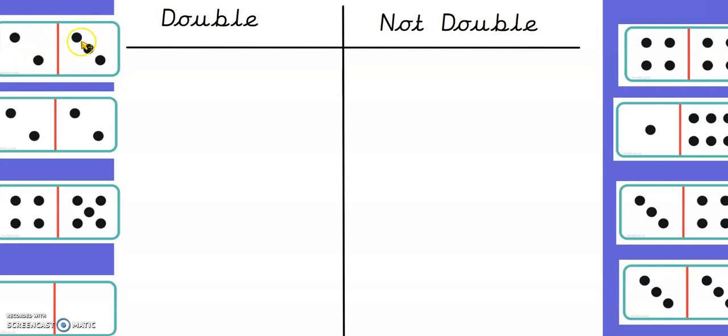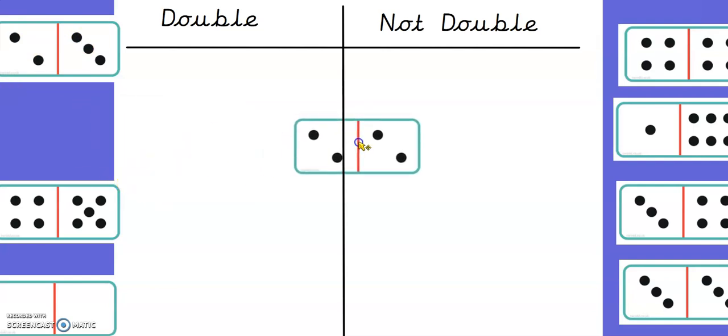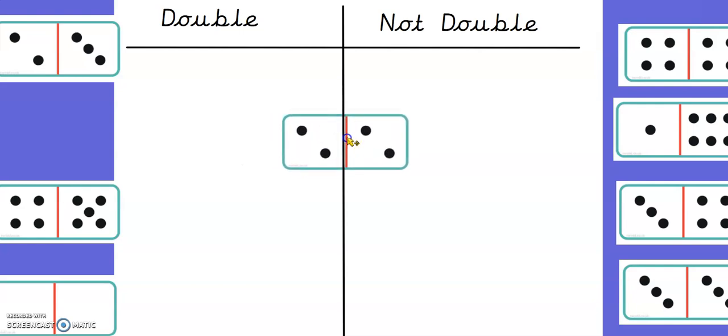It will be double the number, 2 of the same number. So let's have a look at this one and put it in the middle. So if I do that, look, the line goes down the middle of it. So this domino has 2 sides to it, this side and this side. Now, if it's a double, it means it will have the same number of dots on both sides because it will be double. There'll be 2 of the same thing.